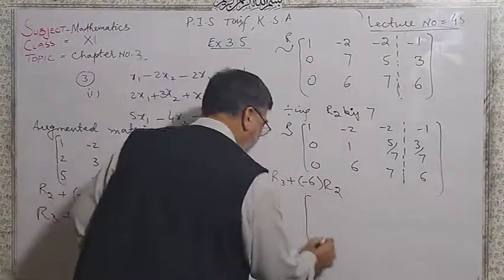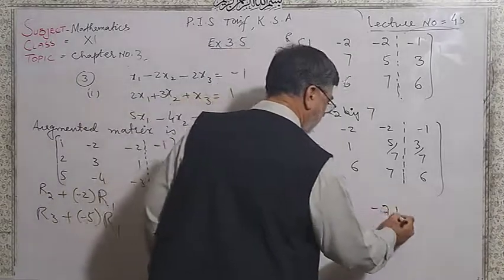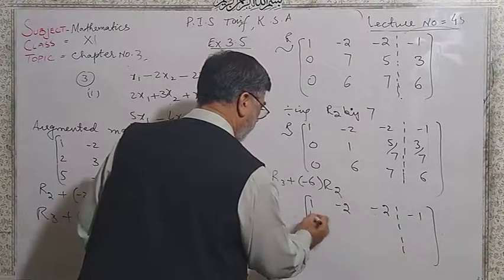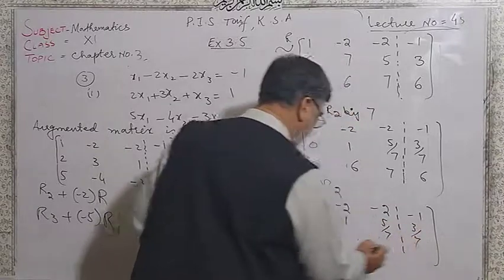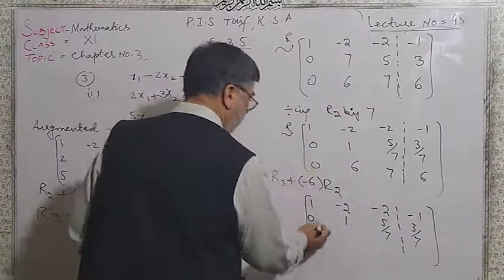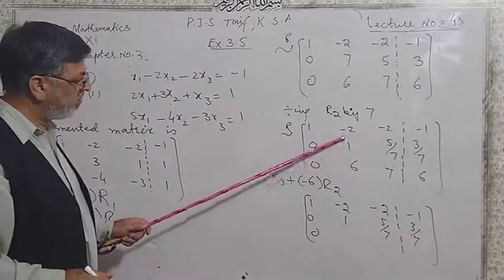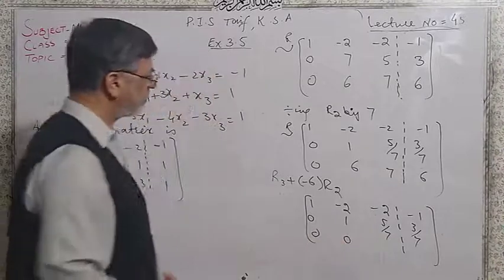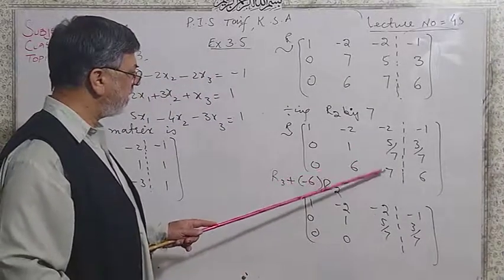So we are left with 1 minus 2 minus 2 minus 1, 0 1 5 over 7 and 3 over 7. This is 0. This multiplied by 6 and added here, it will become 0.